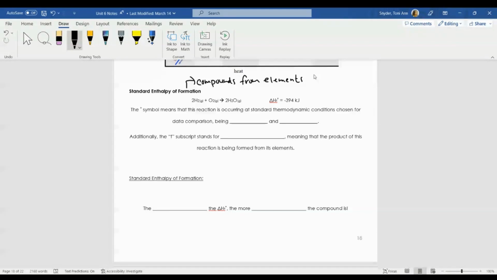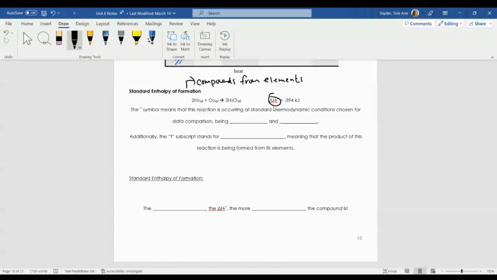And if I look for water in this particular reaction, it looks like hydrogen gas reacts with oxygen gas, and that forms two water molecules. And for this process to occur, my enthalpy of formation, so in order to form water, the heat that's involved in this reaction, we would release 394 kilojoules of energy.